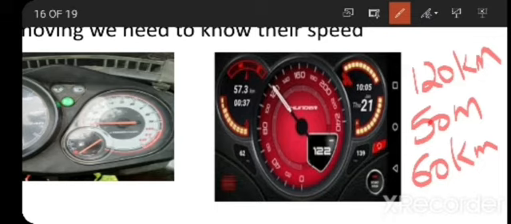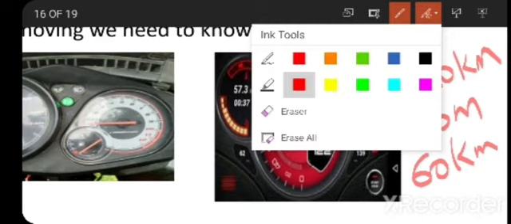If they are using kilometer per hour or meter per second, then they are talking about the speed of the vehicle. Okay, so this is about that.